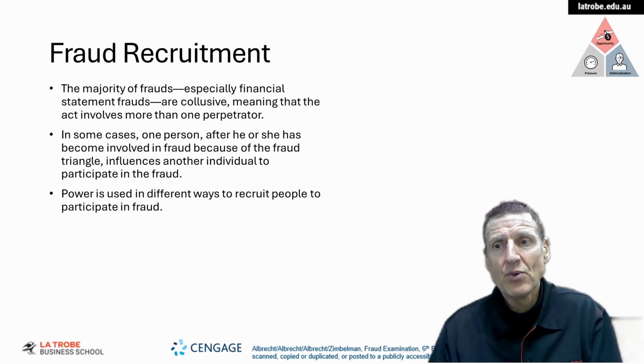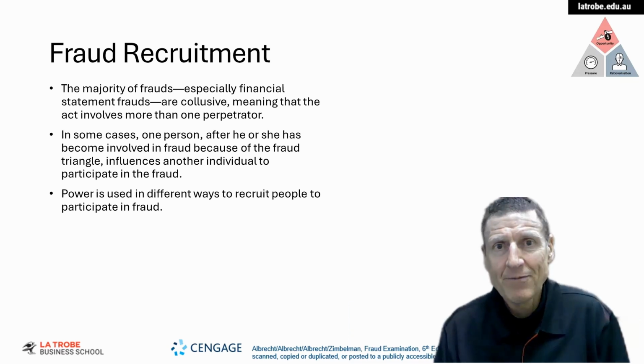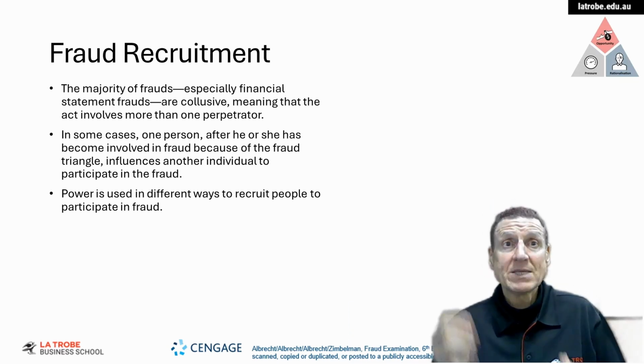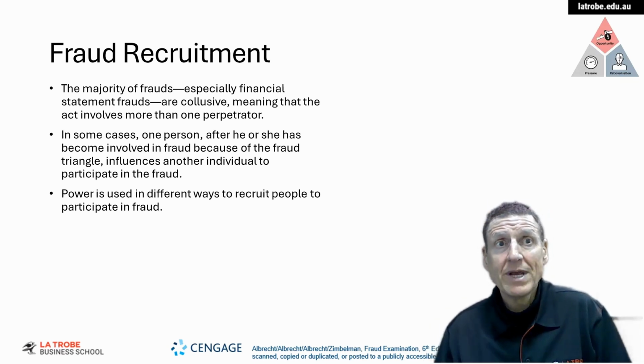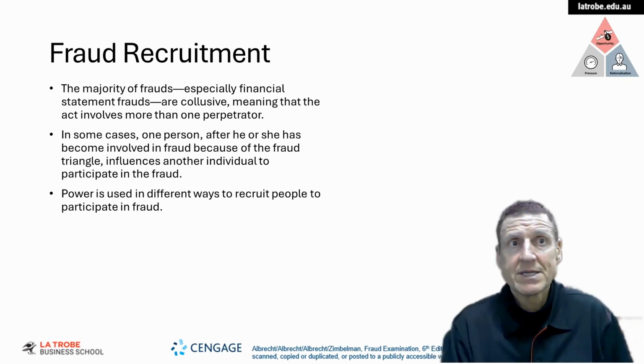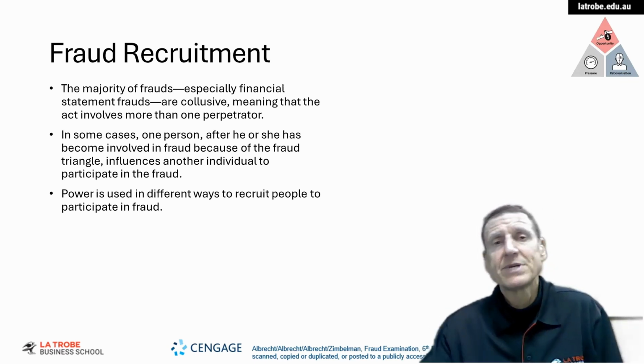So you get two or three people to sign off. And in order to commit the fraud, you then need to collude with the other person that's signing off with you. In some cases, one person, after becoming involved in the fraud, influences another individual to participate. And sometimes power is used in different ways to recruit people to participate in fraud.